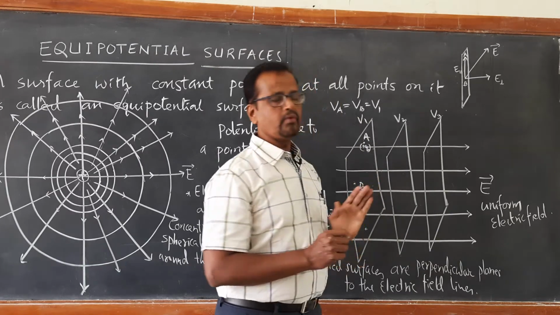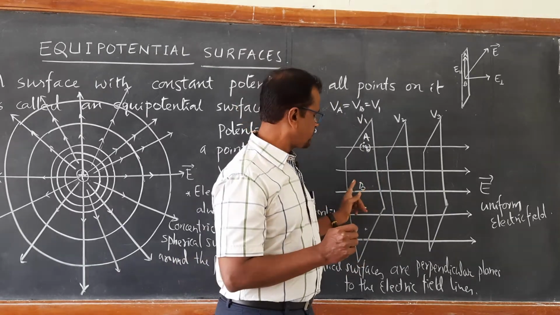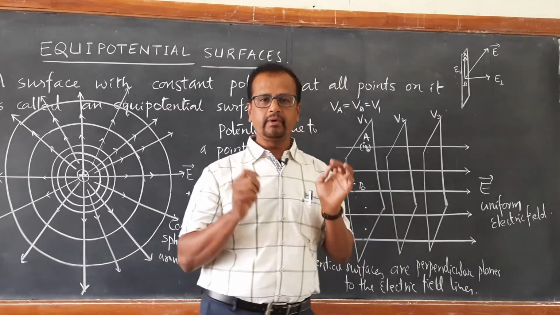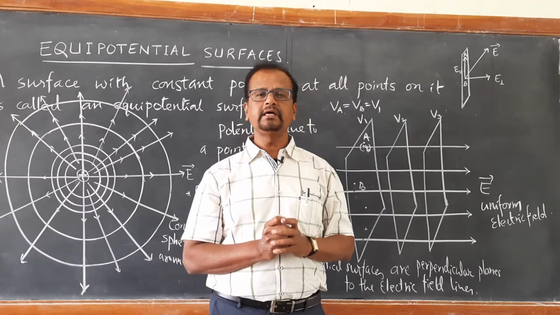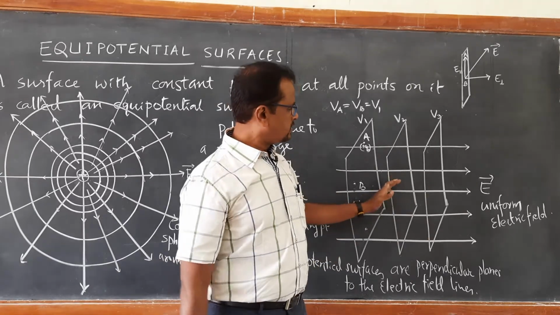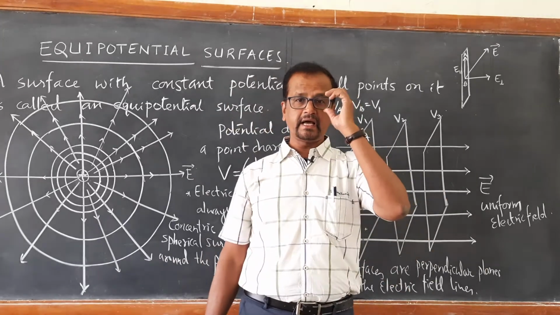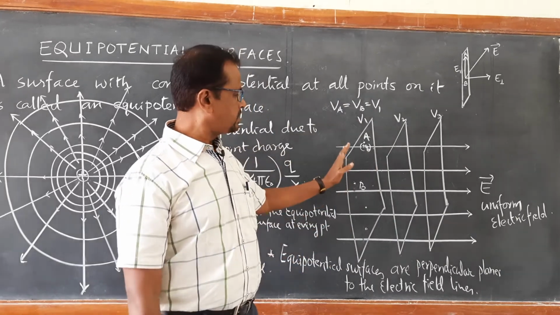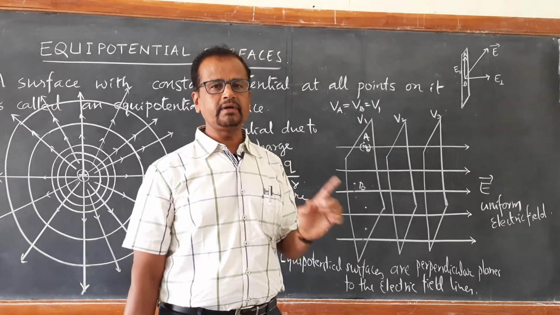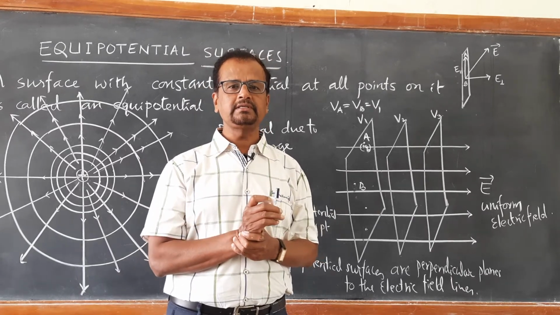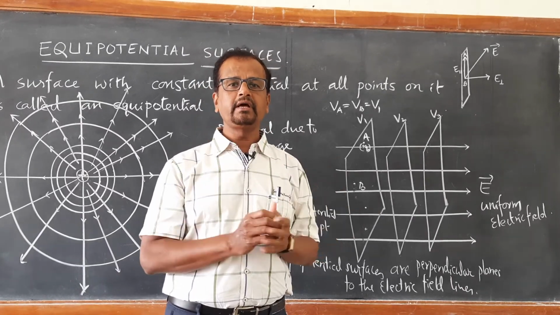So if at all one has to move a charge from one point to another point, work has to be done against the electric field. So electric field has only normal component, it doesn't have parallel component along the surface. Therefore, electric field is always perpendicular to the equipotential surface at every point lying on it.